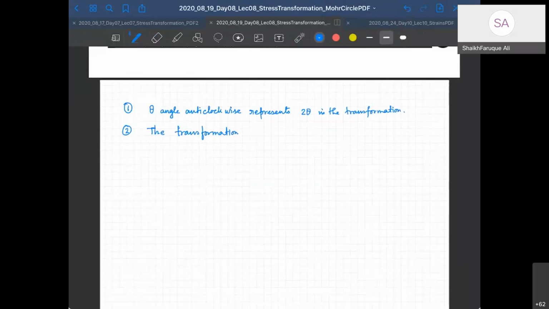The transformation, the same thing I'm going to write, depends on sigma x, sigma y, tau xy, and the angle theta, not 2 theta, okay?